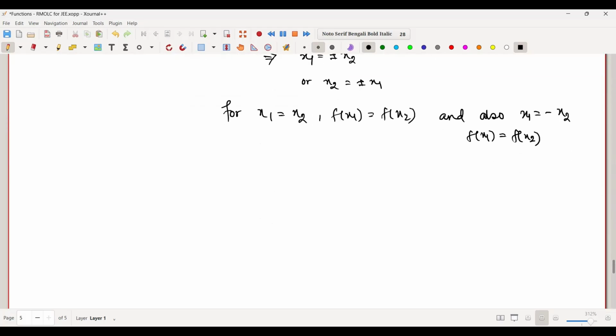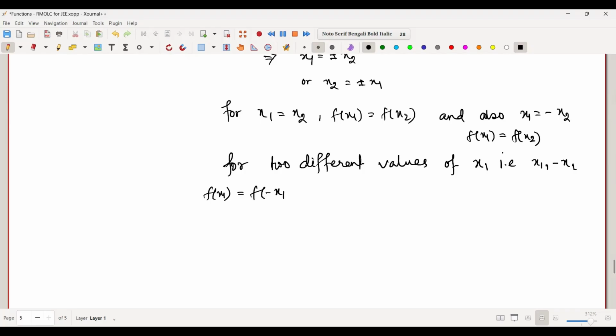That means for two different values, one is x1 and another is minus x1, f(x1) is equal to f(minus x1).